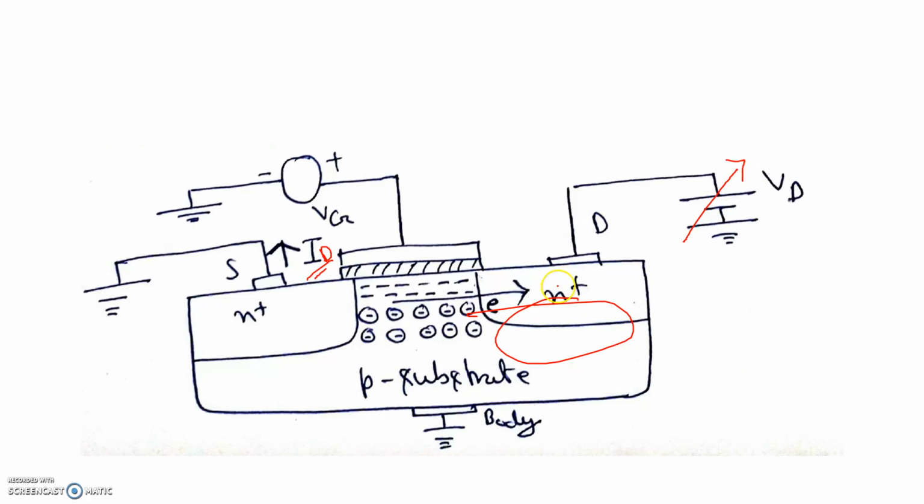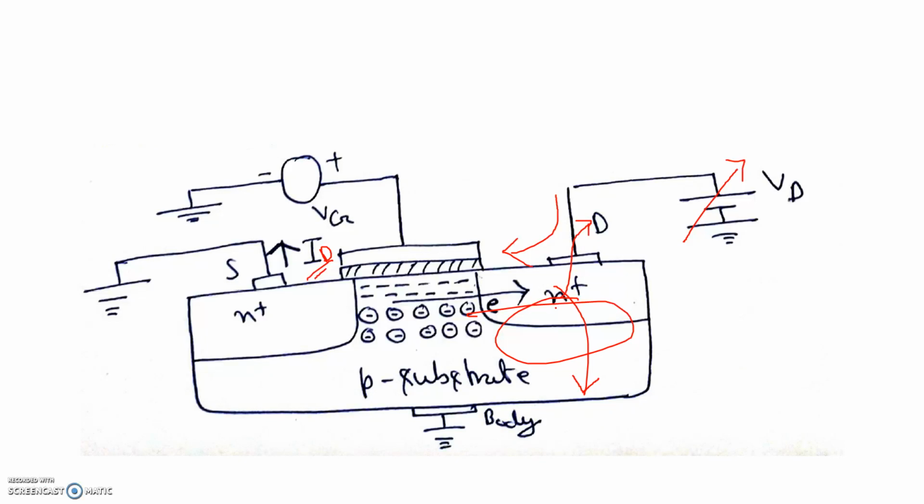So as a result holes will come to the body, okay, and electrons generated due to avalanche breakdown will go through this path. So electrons will come out of the drain. So in the reverse direction what will flow? Current will flow.